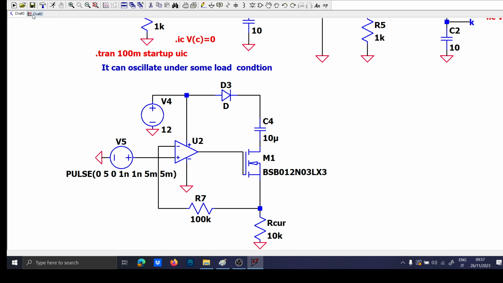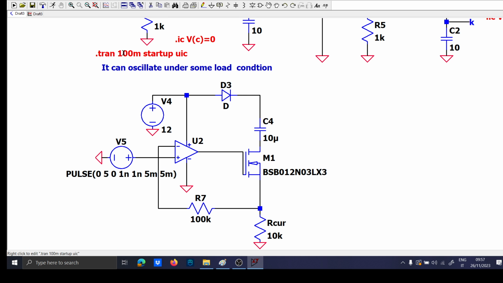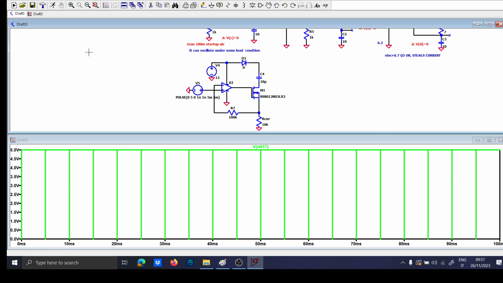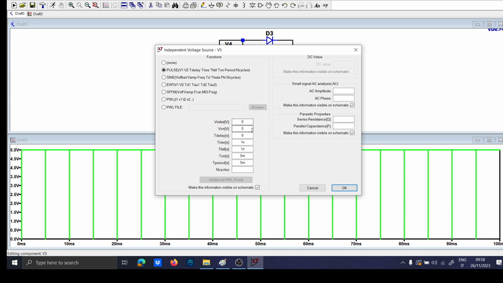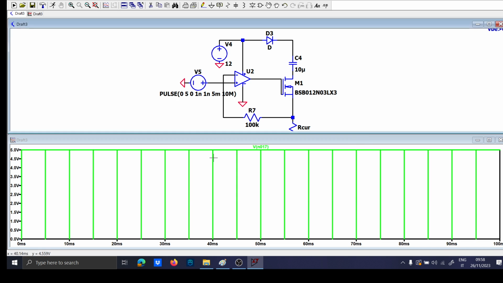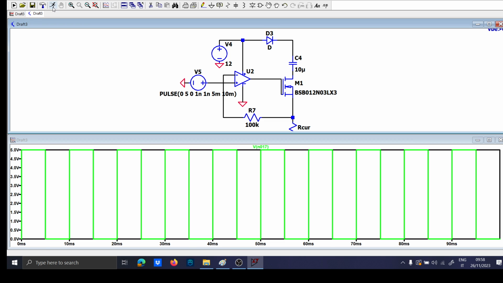Let me check the pulse here. 1 nano, 5, okay.